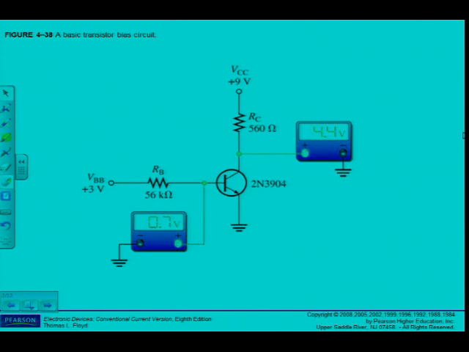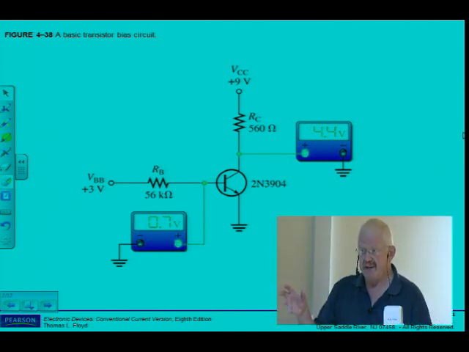A beta DC of 200 is taken as midway between minimum and maximum values of hFE given on the data sheet for the 2N3904 on figure 4.20. Remember when we just had a look at the data sheet? Mostly it gives the minimum values only, but at IC of 10 milliamps, in that specific case, it gave a minimum and a maximum.